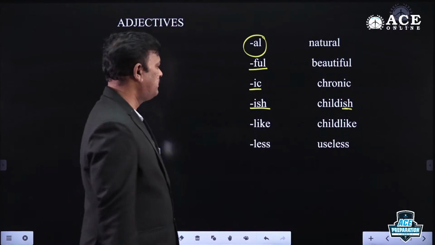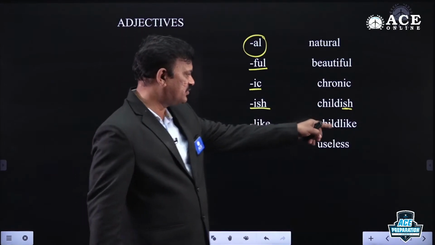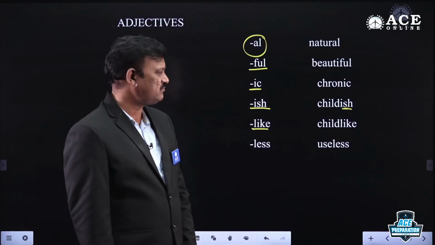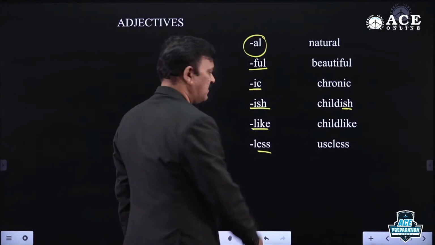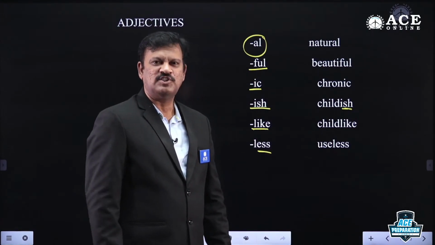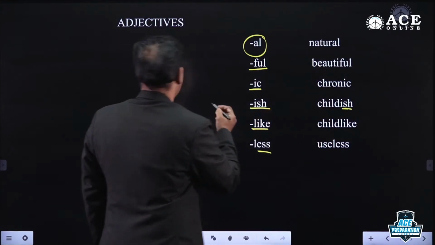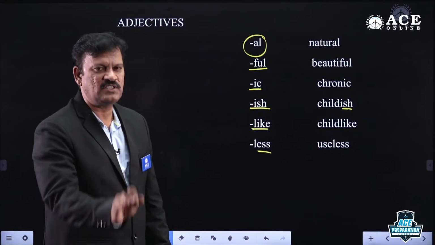And words ending in LIKE: childlike, godlike, something like this. Useless, LESS: hopeless, shameless, something like this. So with the help of suffixes, I can make out these are adjectives. This is one of the ways.